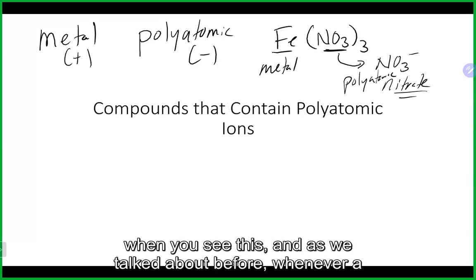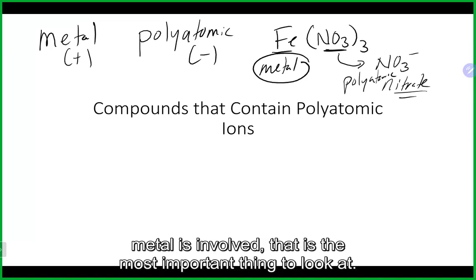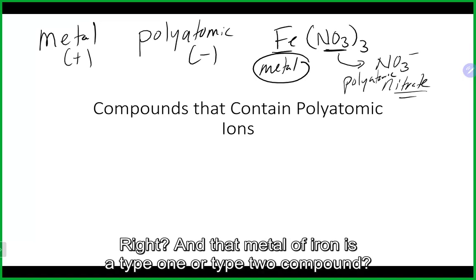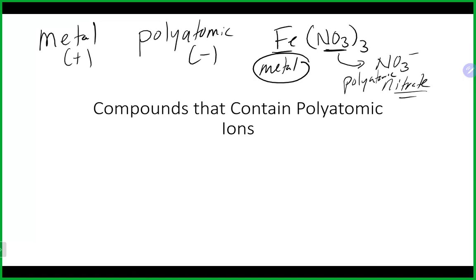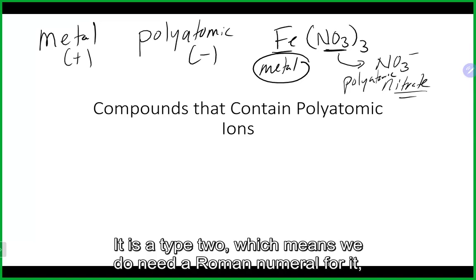And as we talked about before, whenever a metal is involved, that is the most important thing to look at, right? And that metal of iron is a type 1 or type 2 compound. It is a type 2, which means we do need a Roman numeral for it, right?